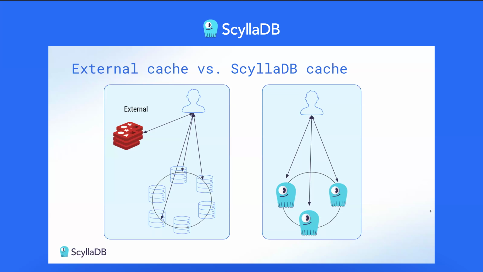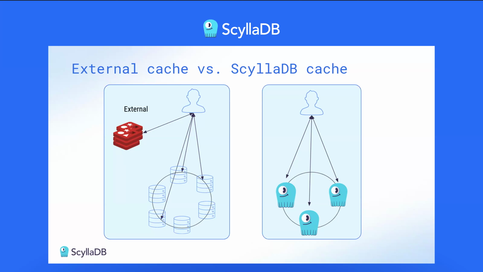Another thing I wanted to mention, which might be interesting for some of you, is that ScyllaDB has an internal embedded cache. That is often good enough to replace external caches. So, for example, a lot of people use some database, and then they're not happy with the performance, so they introduce an external cache. But over time, it can cause a lot of headaches because of the complexity of managing multiple technologies, multiple items in your infrastructure.